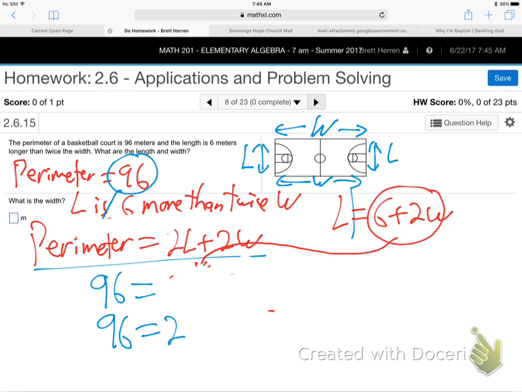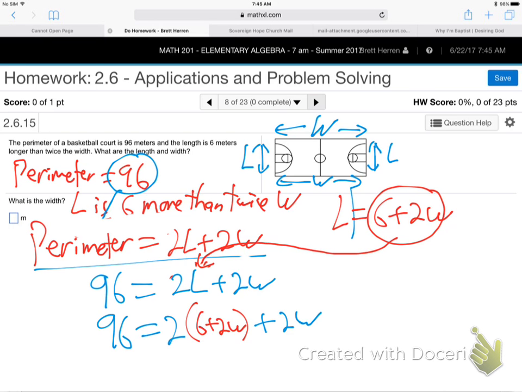Here, let me do it this way so it makes sense. 96 is 2 times what? Something. Like this. I'm going to put in there 6 plus 2W. Does that make sense, what I just did? Did you see that plug in?